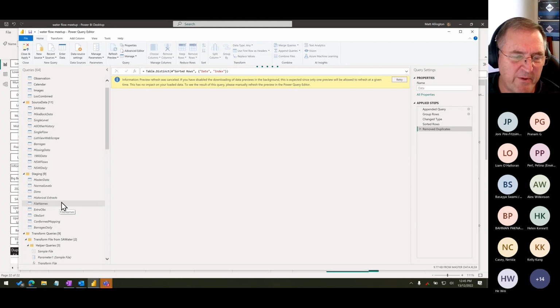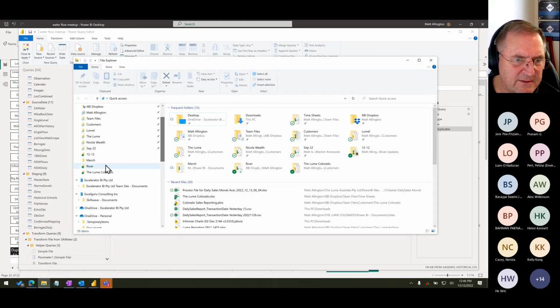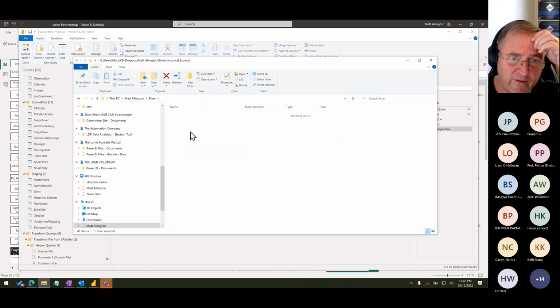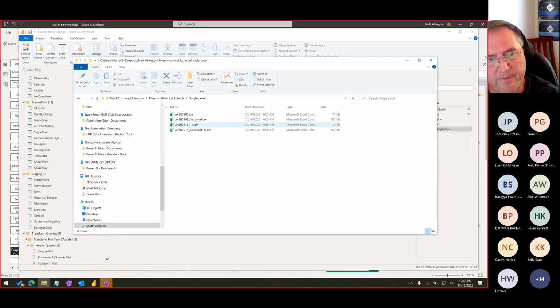Now, I'm sure anyone that's had any experience with Power Query and Power BI would be used to consolidating data from files. So let me show you the raw data here. Looking at these folders, I've got these files.